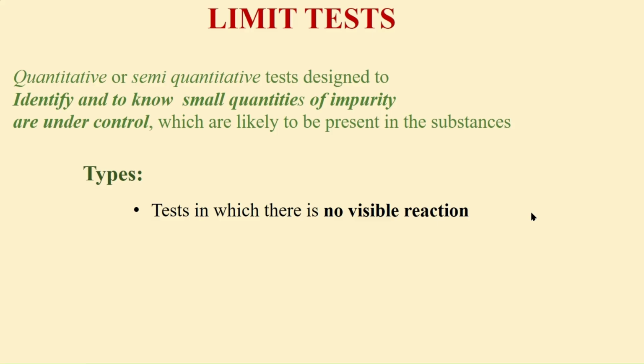The amount of precipitate that is formed and the intensity of color that is formed indicates how much amount of impurity is present. And there are certain tests in which there are no visible reactions. When there are no visible reactions, how to test, how to compare? We use sophisticated instruments.